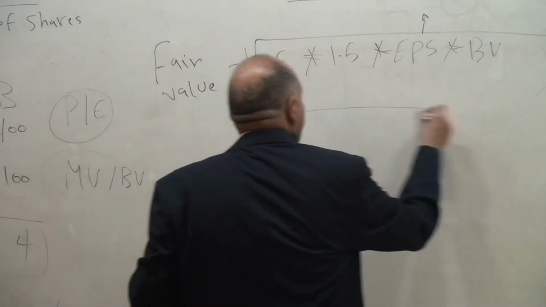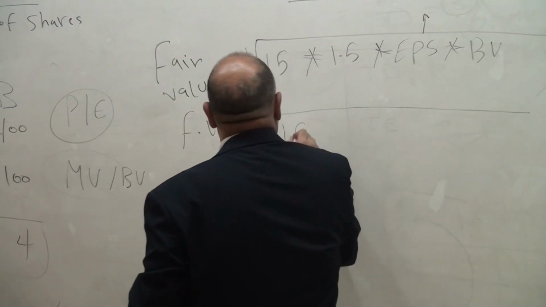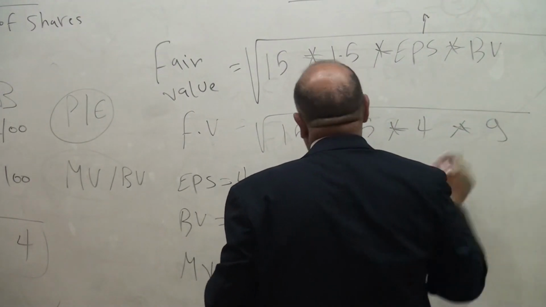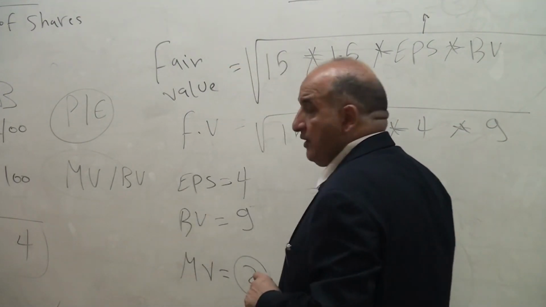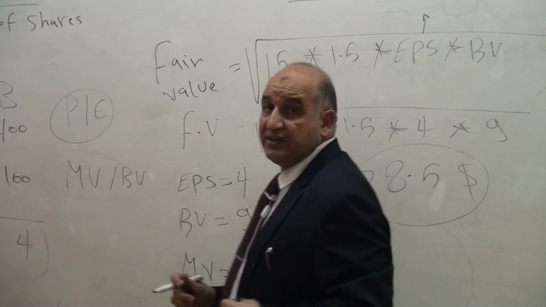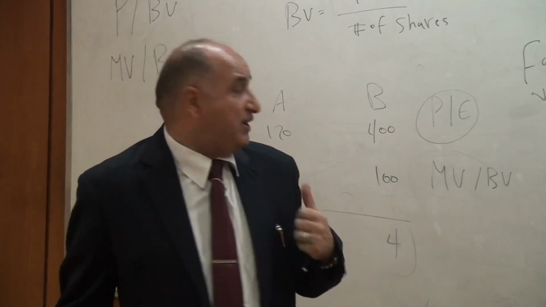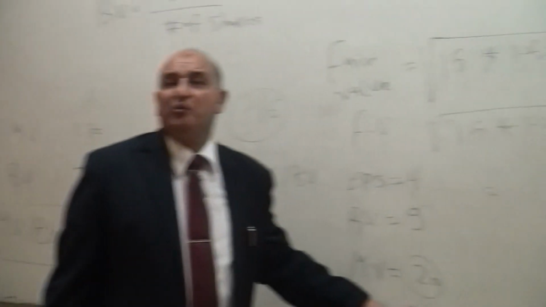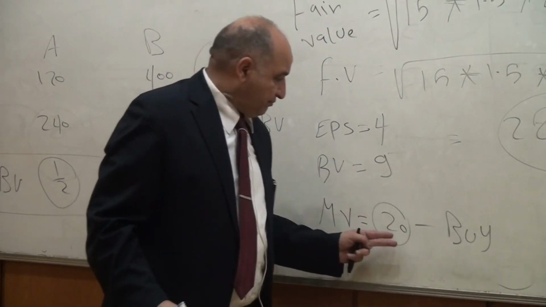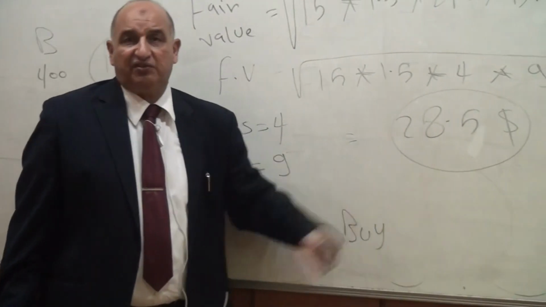يبقى الفاليو او الفير فاليو، الفير القيمه العادله، السهم ده بحلال ربنا يساوي كام؟ 15 times 1.5 times 4 times 9 under the square root طلع $28.5. ركز بقى معايا، السهم ده بحلال ربنا يساوي 28.5، هو بيتباع في السوق بكام؟ ب20. يبقى ايه الريكومنديشن؟ باي ولا سيل؟ يبقى I have to buy because by time the stock price will increase to reach 28.5.